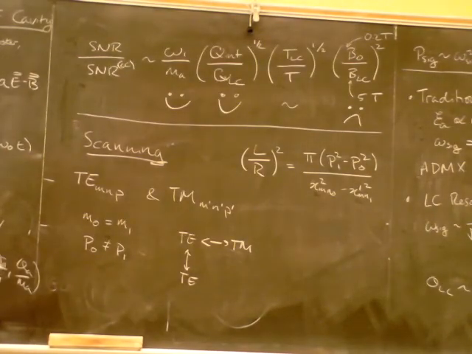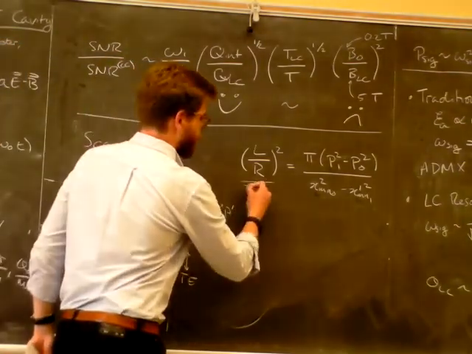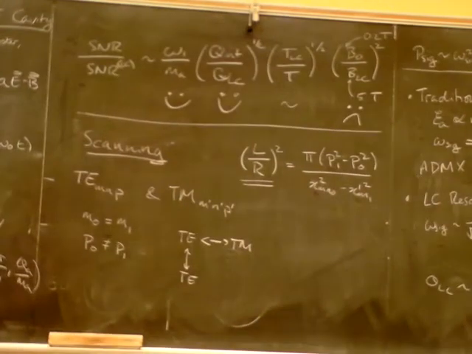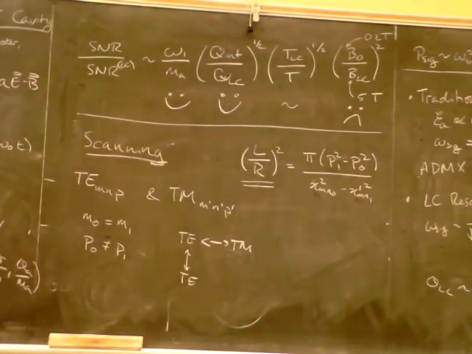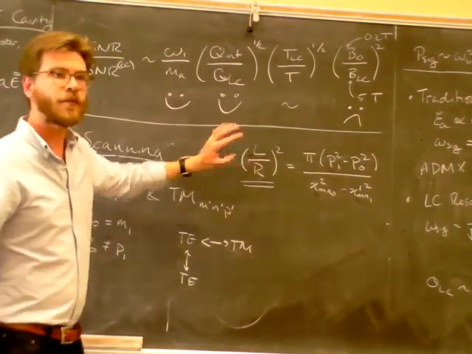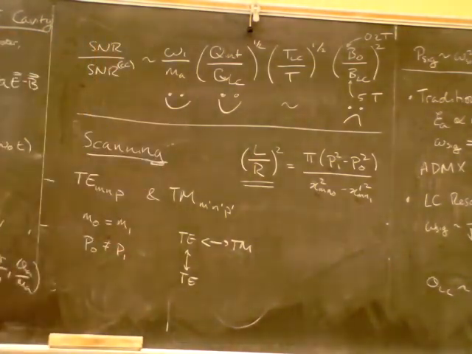And so if you find a solution for degeneracy, then you can also find solutions where they're almost degenerate but not exactly degenerate. And you can see that what you should do is tune the ratio of the length to the radius. So in a typical cylinder, we're not going to want to change the radius because that's going to be relatively difficult. But instead, what you're going to want to do is change the length. And so scanning here can be done by changing the length of this cavity so that the two modes see effectively two different lengths.